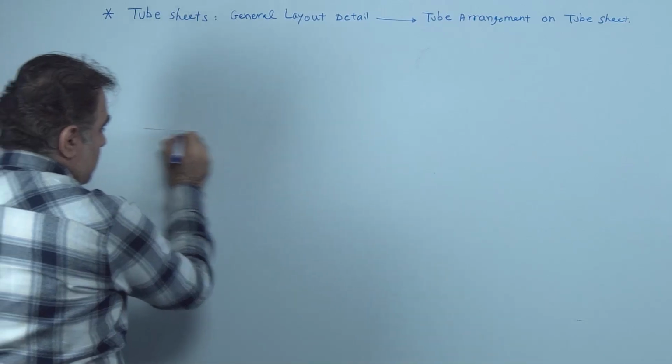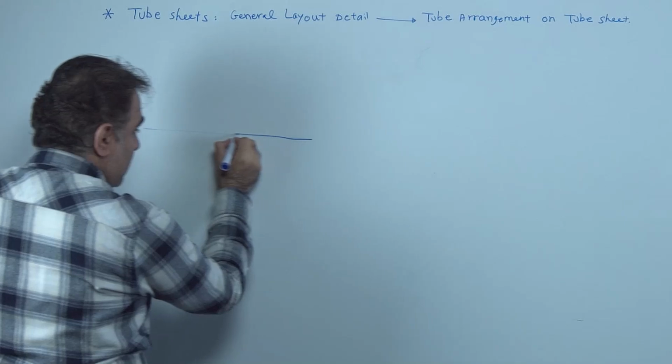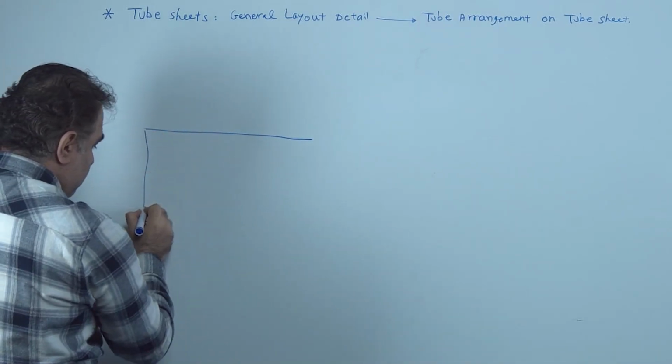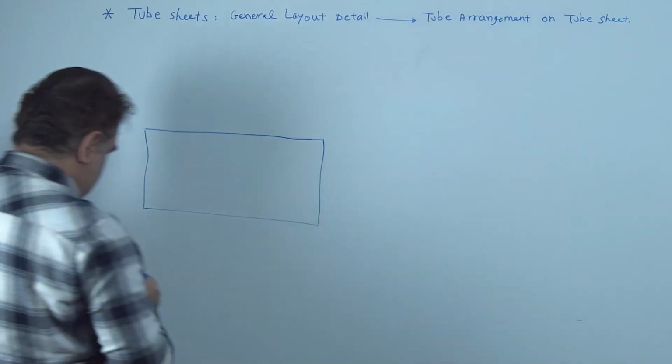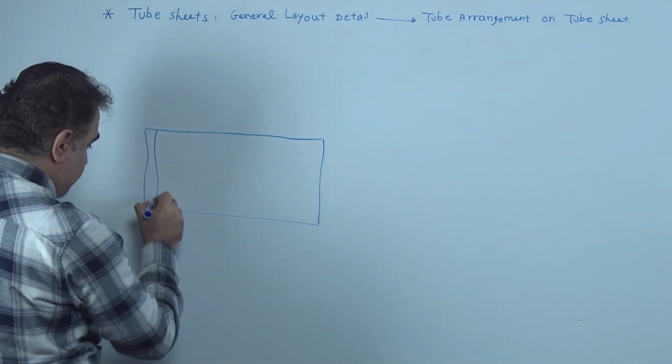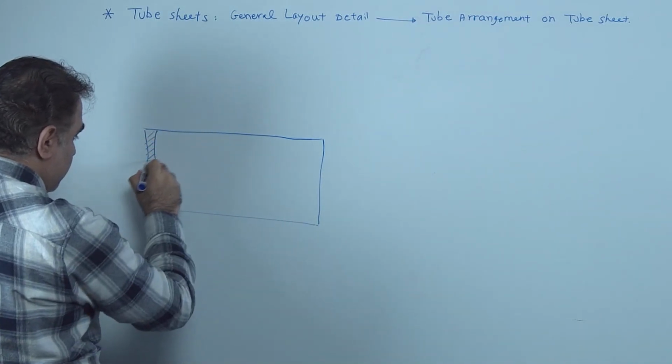If this is one heat exchanger, shell side, the tube sheet is available here. This is a tube sheet segment.